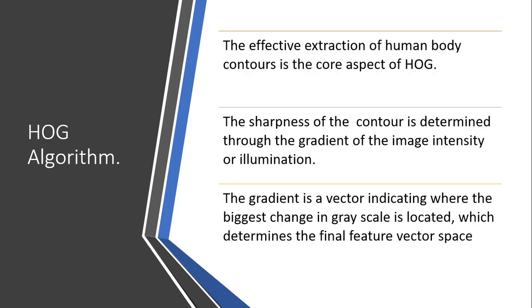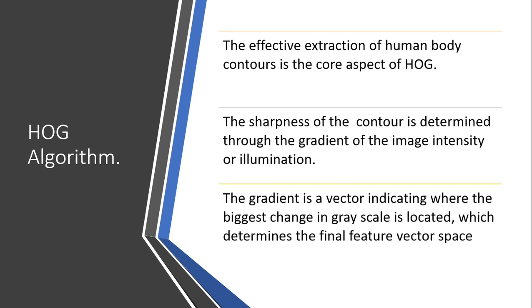Okay, let's go through the HOG algorithm. We can start with speaking about the effective extraction. Effective extraction of the human contours is the core aspect of the HOG, and the sharpness of the contours is determined through the gradient of the image intensity or illumination.